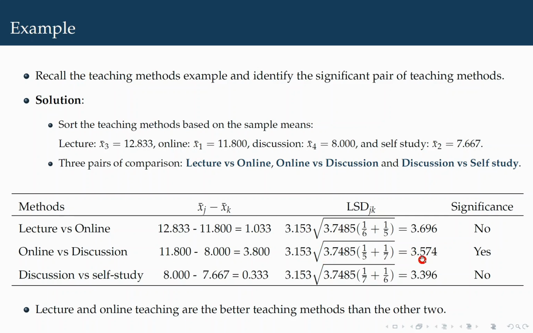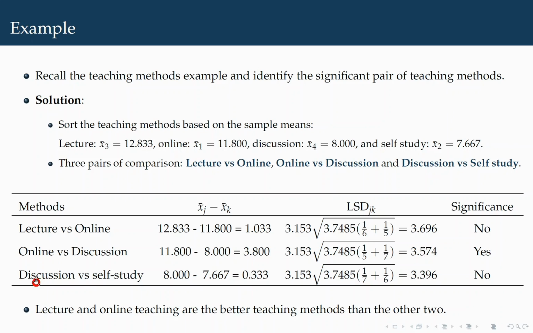So it becomes 3.574. Now 3.8 is greater than 3.574. So we can say that there is a significant difference between the online and discussion teaching methods.